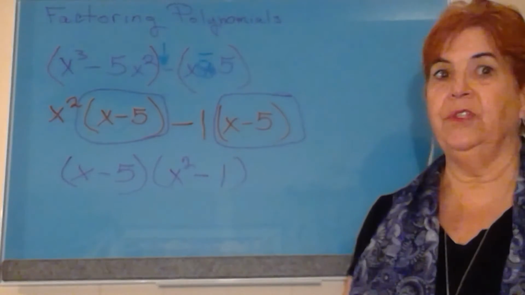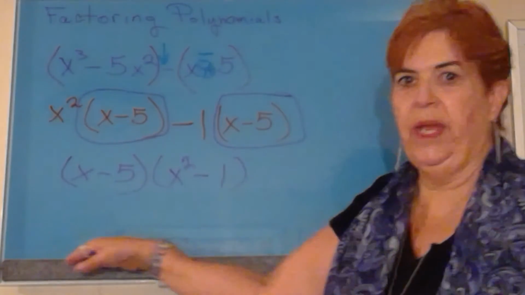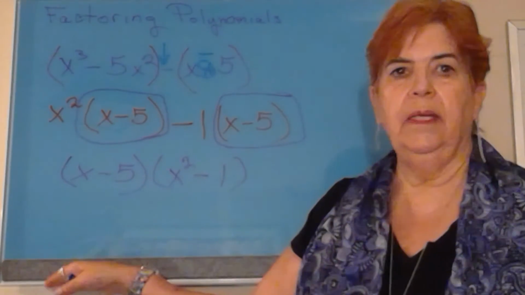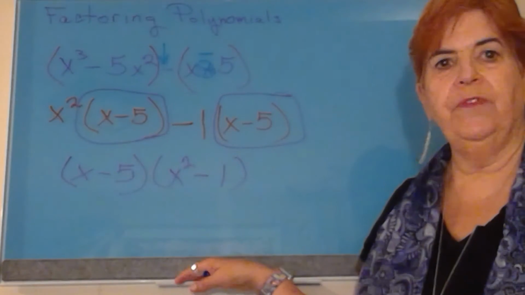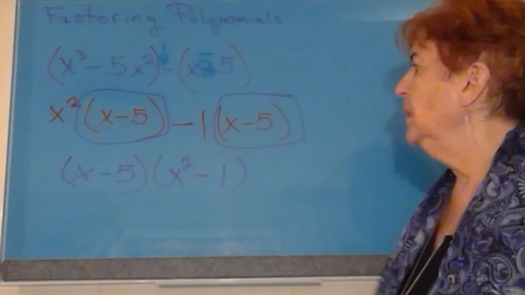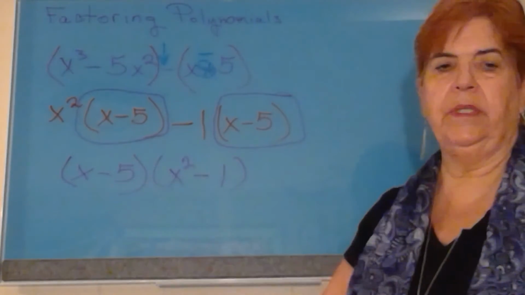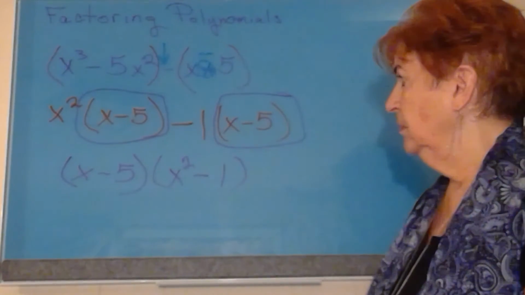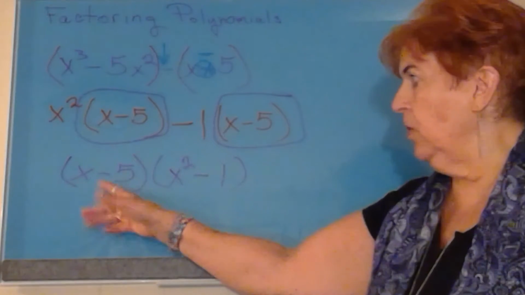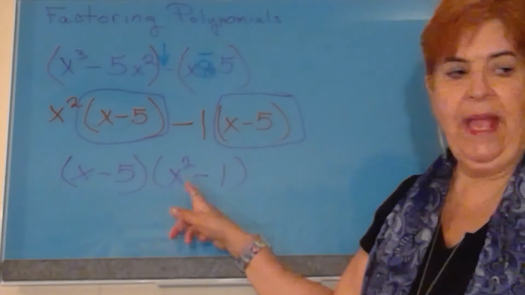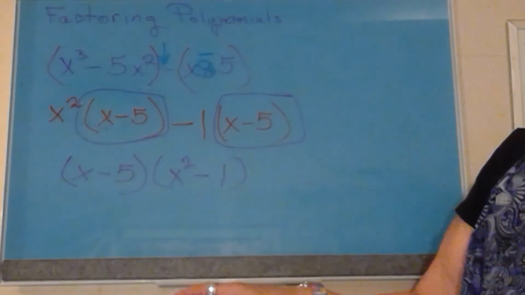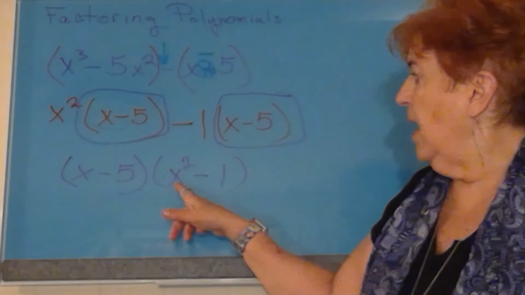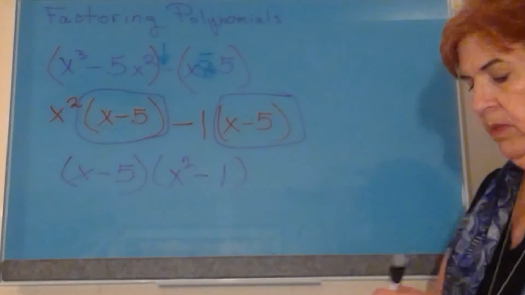Now, this is where the last step that I had written way down here said, is it completely factored? If not, go back. Well, neither of these has a greatest common factor. However, that has 2 terms, that's fine. That has 2 terms. That is actually an a squared minus b squared.